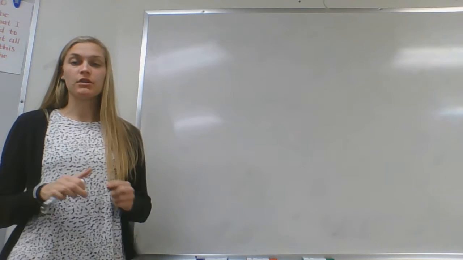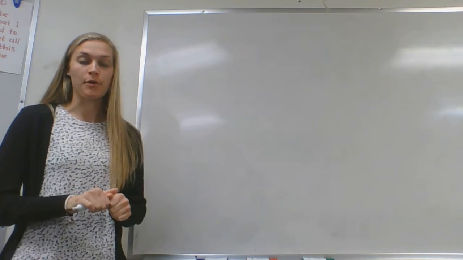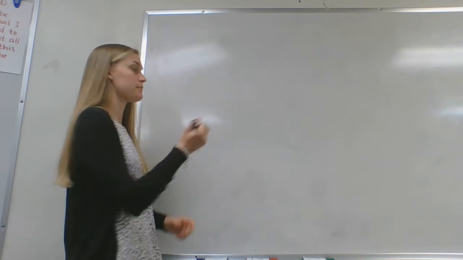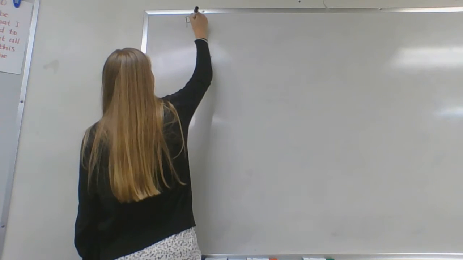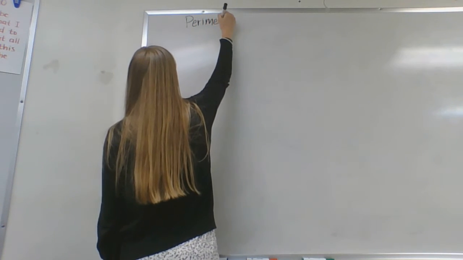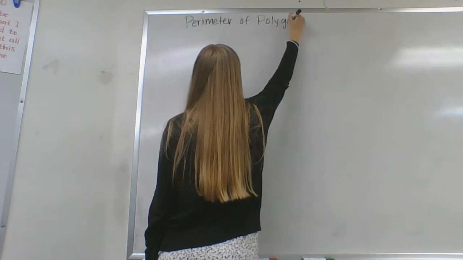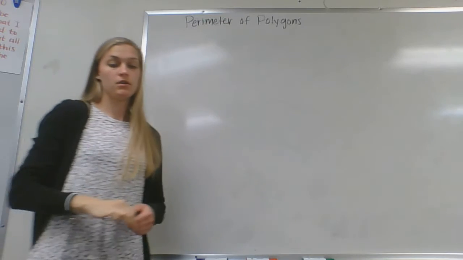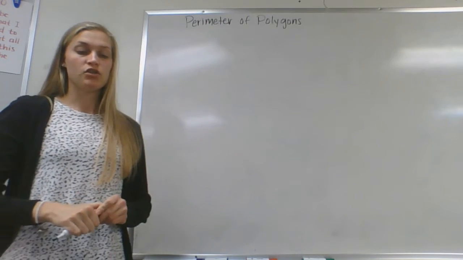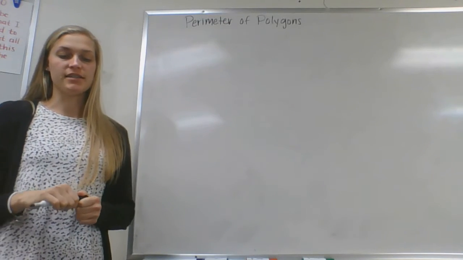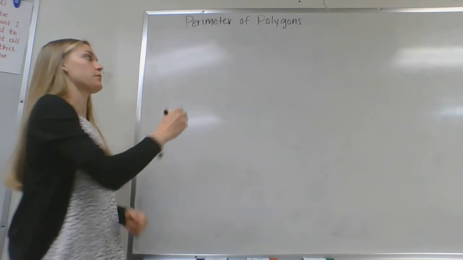So go ahead and get your notebook, go to a blank page, we're going to title it Perimeter of Polygons. Alright, so the perimeter of a polygon, as I said, is the distance around the shape. So we're going to write that down.